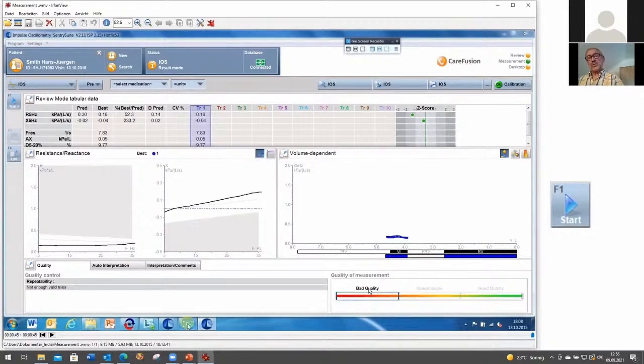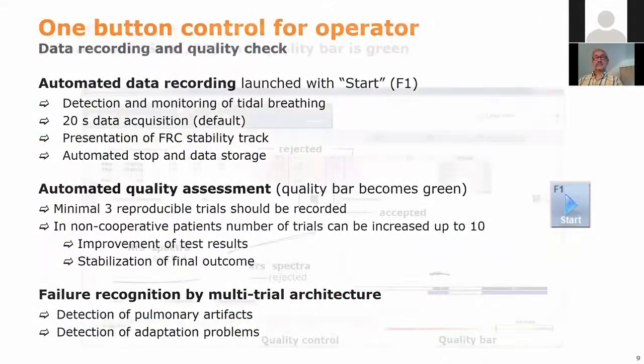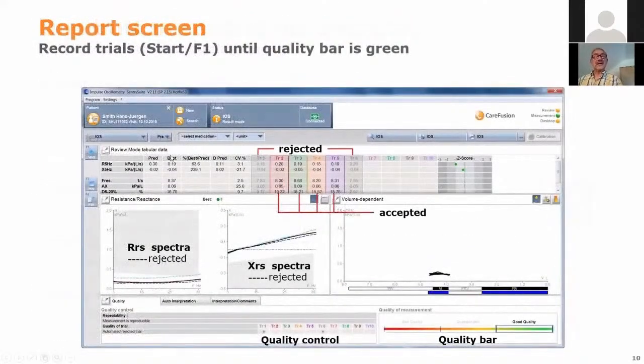You see it's bad quality because you have sufficient quality if you record a minimum of 3 acceptable trials. I will show you in the next slide. So here you see after 1, 2, 3, 4, 5, 6 trials, the first trial was rejected automatically because the quality was not sufficient.